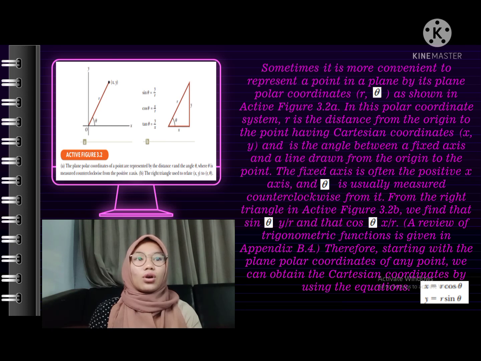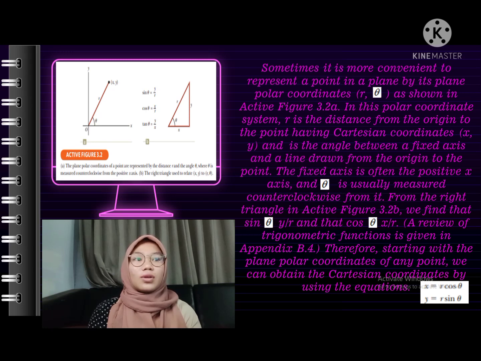From the right triangle in active figure 3.2b, we find that sin theta equals y divided by r and that cos theta equals x divided by r. A review of the trigonometric functions is given in appendix B4.